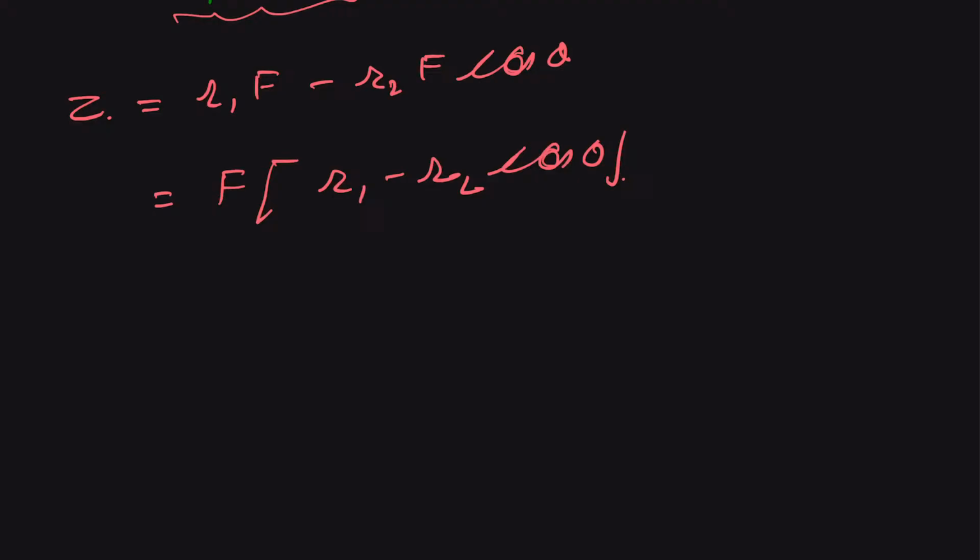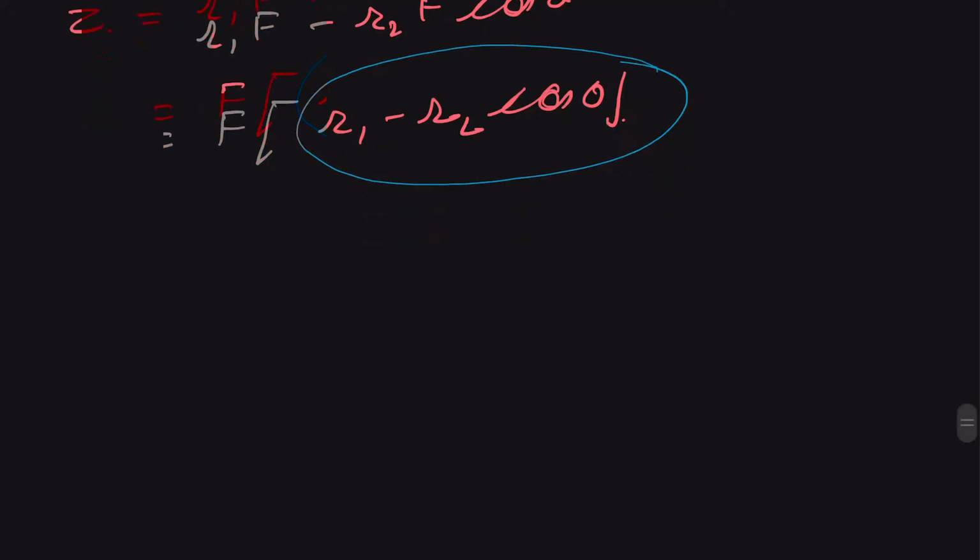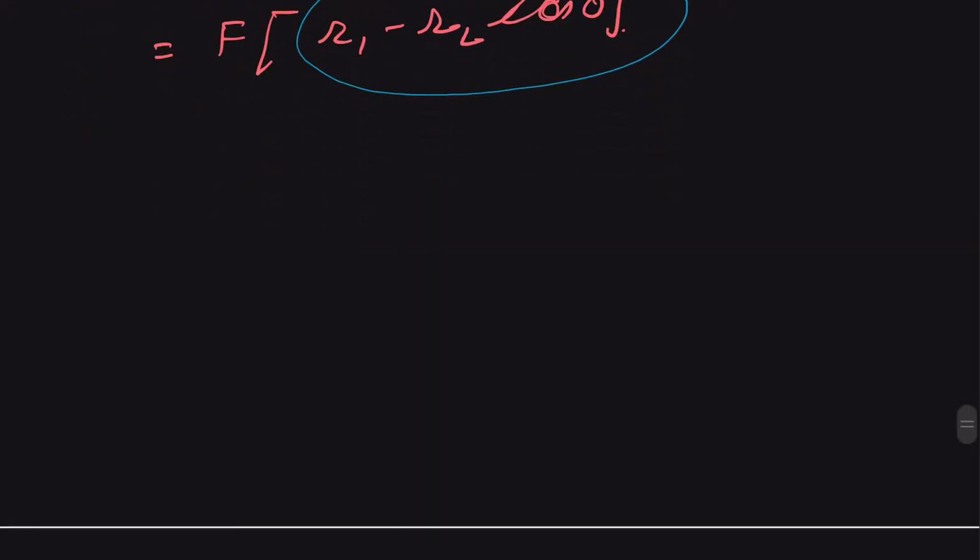Now this expression, r1 minus r2 cos of theta, is going to decide whether torque will be positive or negative. Okay. So let us interpret this equation.